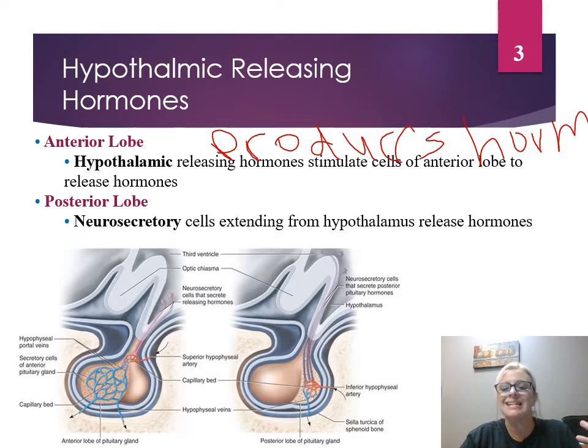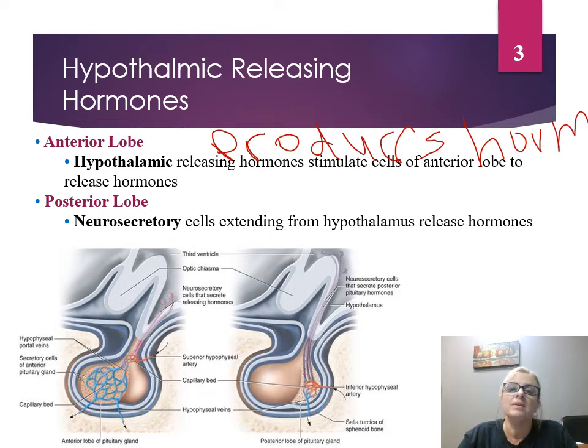So nerve cells in the hypothalamus. Same but different. The posterior lobe contains the ends of nerve cells coming from the hypothalamus. Both are endocrine glands that control other endocrine glands. So these are kind of like the top dogs.